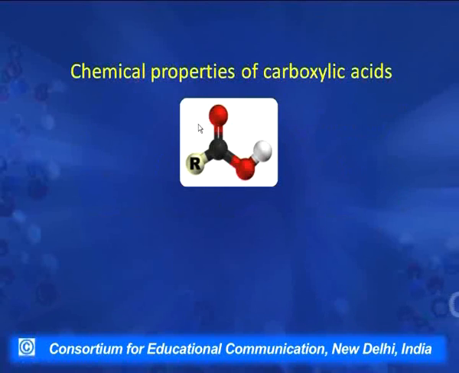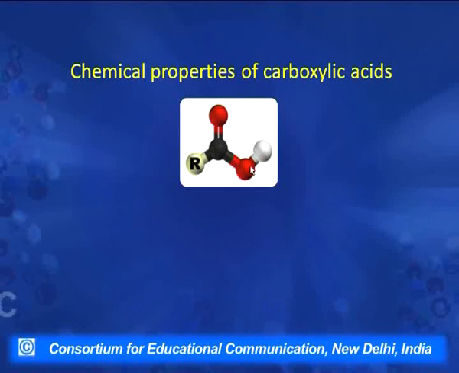Now the properties of carboxylic acids, as I said, can be studied under 5 different headings. First, the reactions involving cleavage of this OH bond. Whenever the OH bond cleaves, since oxygen is more electronegative than hydrogen, hydrogen will leave as H plus, and if hydrogen leaves as H plus, it means it behaves as an acid.